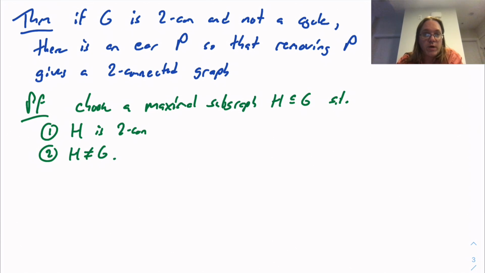So we now know that there are subgraphs satisfying these two properties. We have chosen a maximal one, and now we're going to show that in fact this graph H is super close to G. In fact, H is the graph you get from G by removing just a single ear. And how are we going to do that?